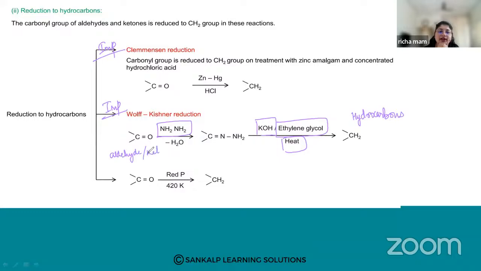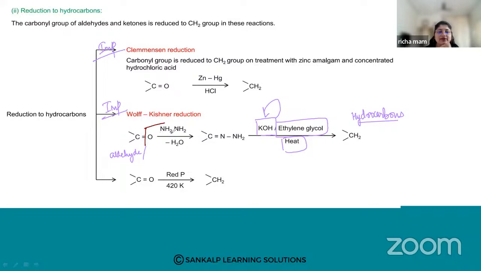What is happening with aldehydes and ketones? They are treated with hydrazine, which is further heated with potassium hydroxide in the presence of a solvent like ethylene glycol to yield hydrocarbons. What will be the eliminated product here? Your O will combine with hydrogen.